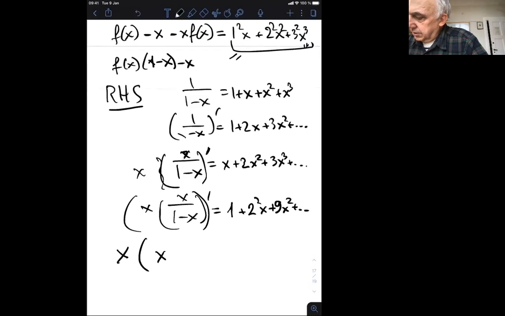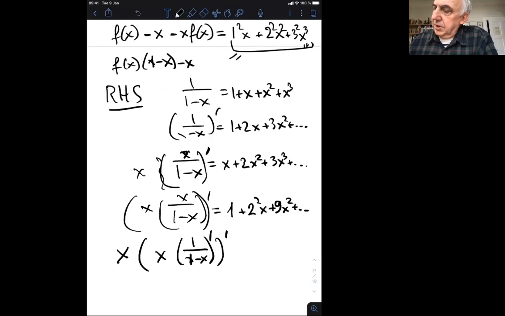So that would be what is required to get the right-hand side. But the answer is in the book somewhere, I just don't remember it by heart.